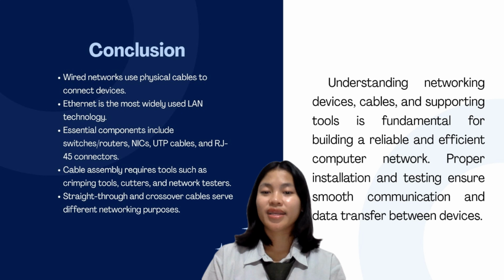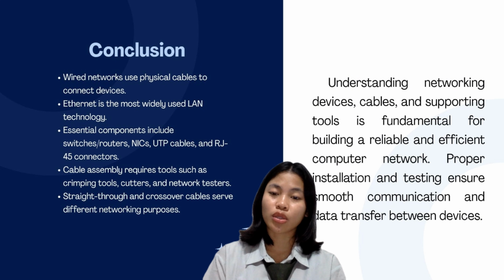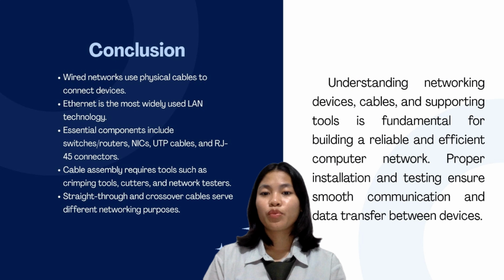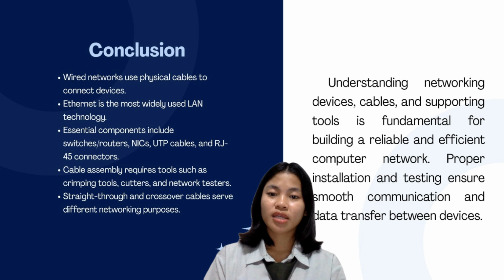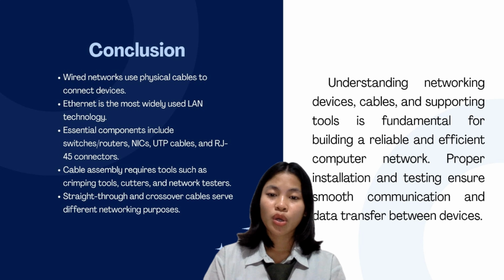Okay, next, conclusion. Wired networks use physical cable to connect devices. Ethernet is the most widely used LAN technology. Essential components include a switch, a router, UTP cable, and RJ45 connector. Cable assembly requires tools such as a crimping tool, cutter, and network tester.